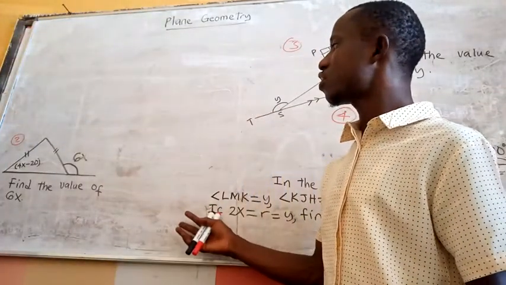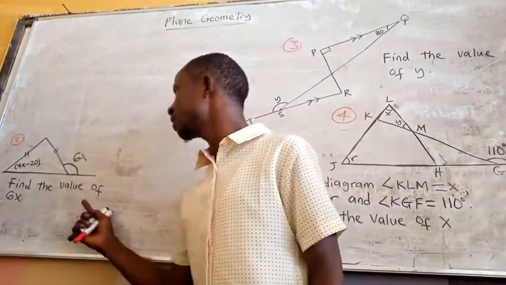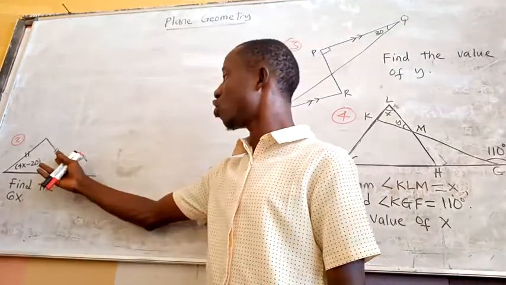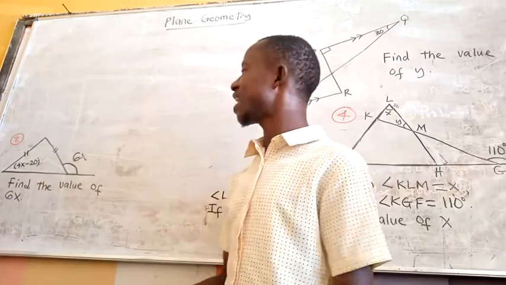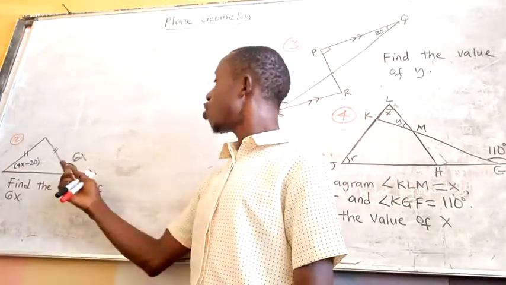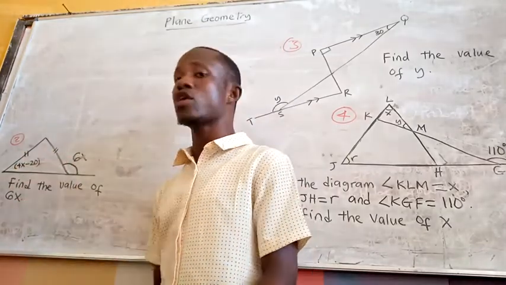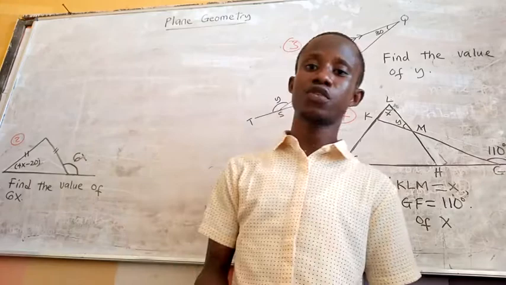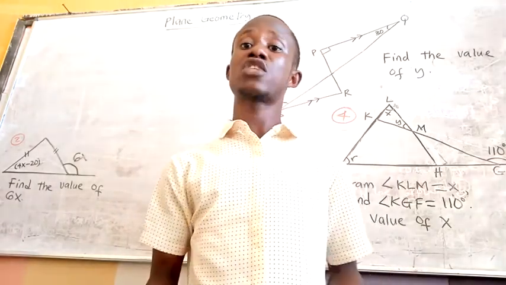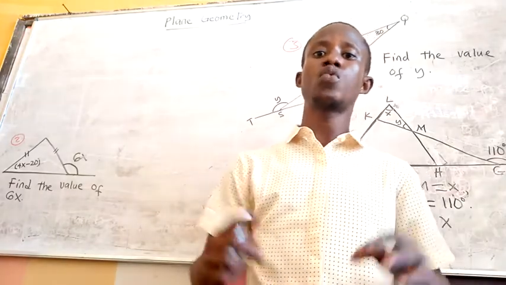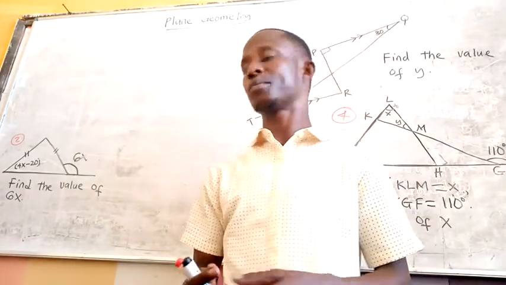Question 2 tells us that we should find the value of 6x. In this triangle given to us, we can clearly see that this side is equal to this side. Because the two sides of the triangle are equal, we consider this triangle to be an isosceles triangle. An isosceles triangle is a triangle whose two base angles are equal.